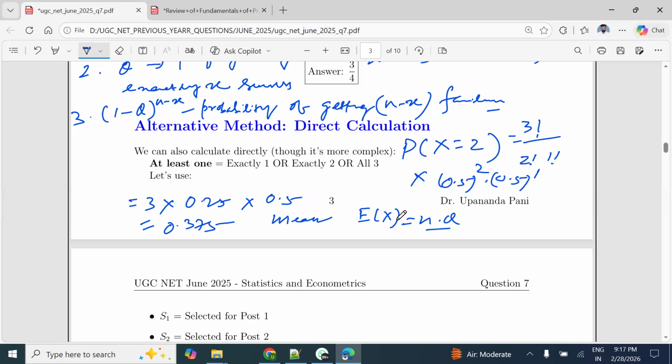And the variance will be n theta into 1 minus theta, because you should always know variance and mean. So this is very interesting.